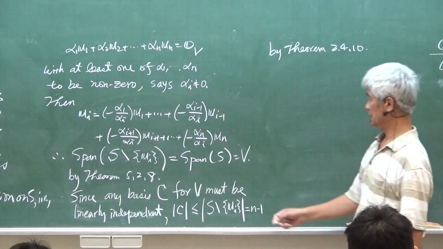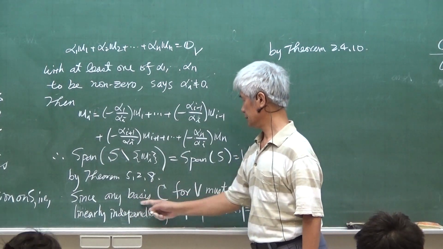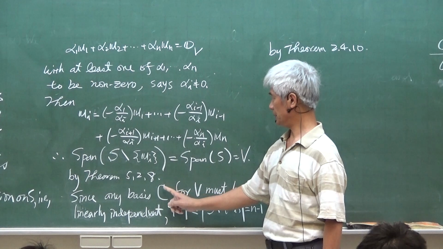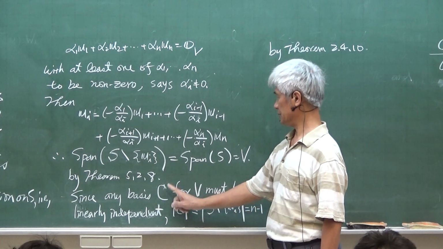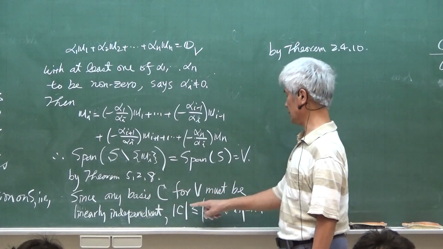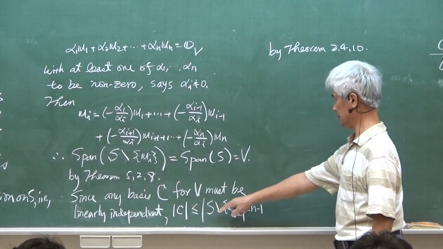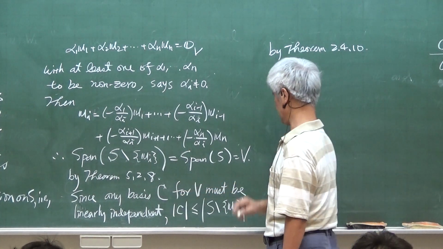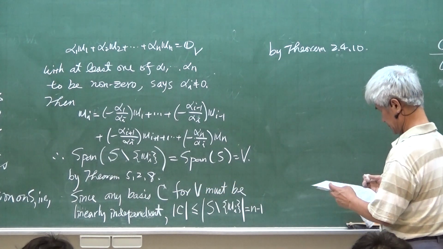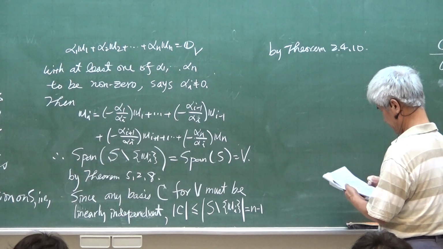So because any basis is linearly independent, the size must be less than or equal to n-1. Otherwise, C becomes linearly dependent from the theorem here.